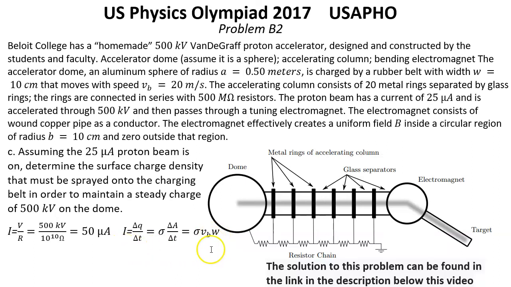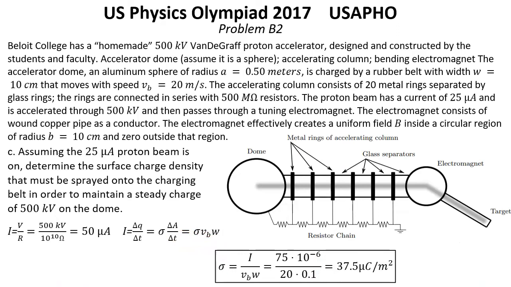From this formula we can find sigma. Finally, sigma equals current I over v_b multiplied by w, where v_b is the speed of the belt and w is the width of the belt, and the answer is 37.5 microcoulombs per square meter. That's the answer for question C.